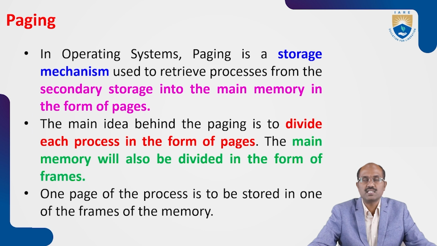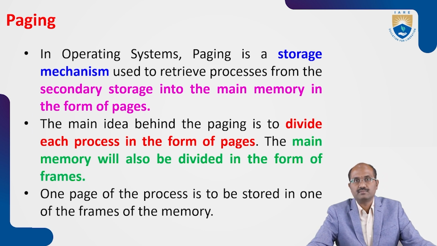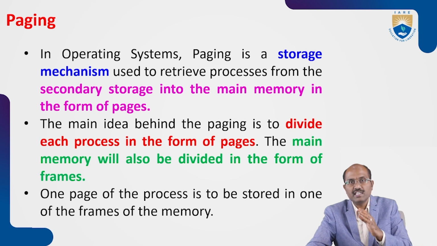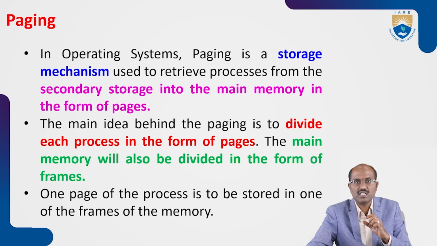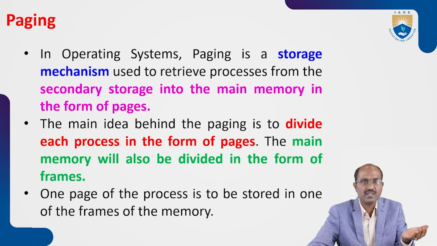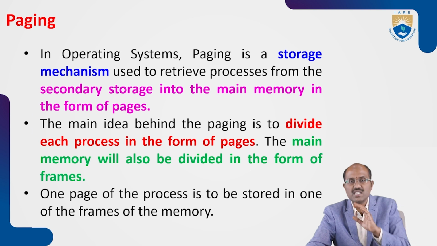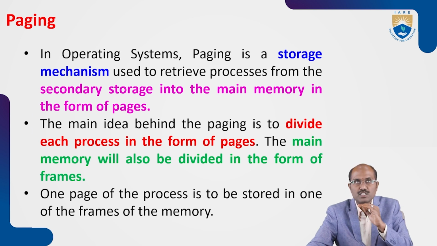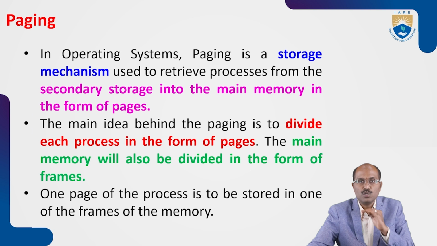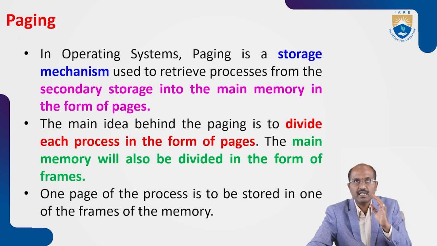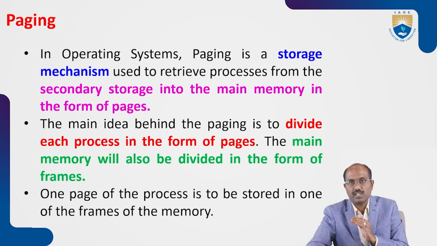In the operating system, paging is a storage mechanism. We divide the memory into different partitions so that information is stored in pages. It is a storage mechanism used to retrieve a process from secondary storage into the main memory.